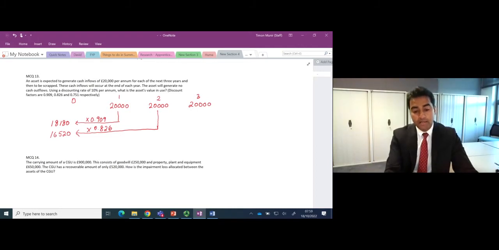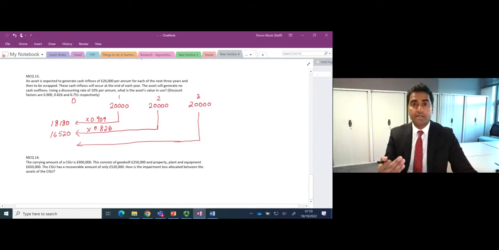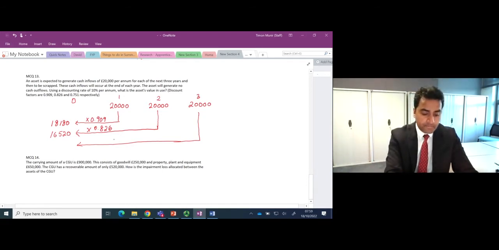So you can see that the value of money is decreasing, dropping. Things which I can buy today for 16,520, I'll be buying the same number of things in 2 years time for £20,000. That's another way of looking at it.